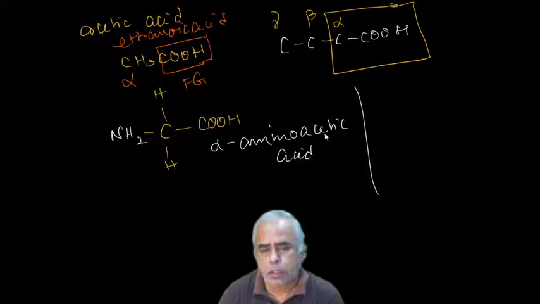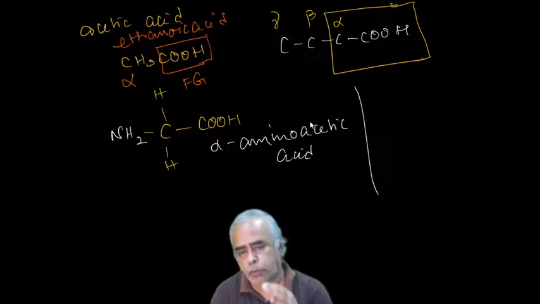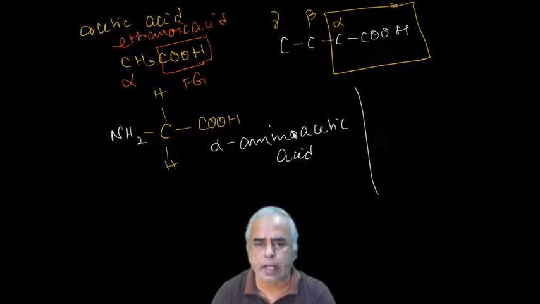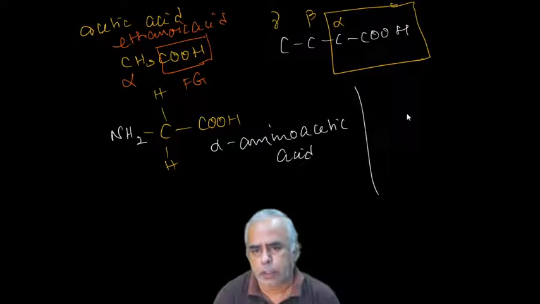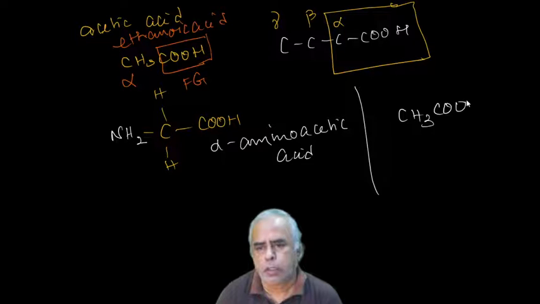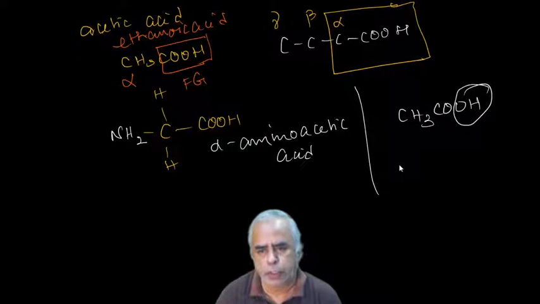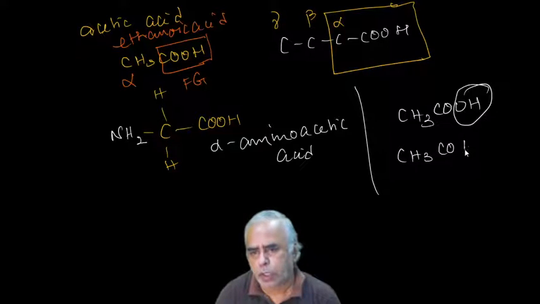Whereas this amino group can also join in the acidic proton. It can replace the acidic proton, but there it takes another name. For example, let me take the same CH3COOH, but instead of this OH, I can introduce NH2 by the reaction with ammonia, so that I am able to get CH3CONH2.